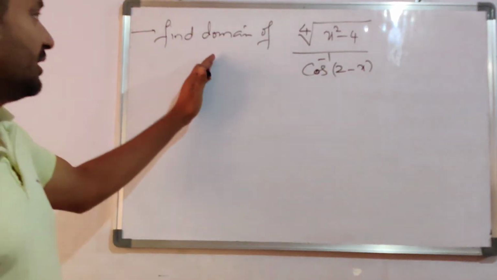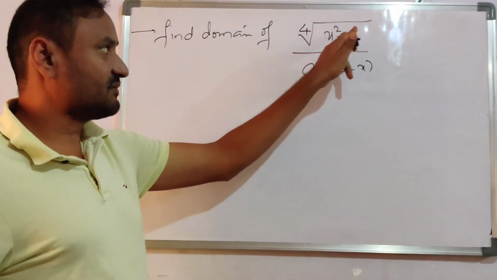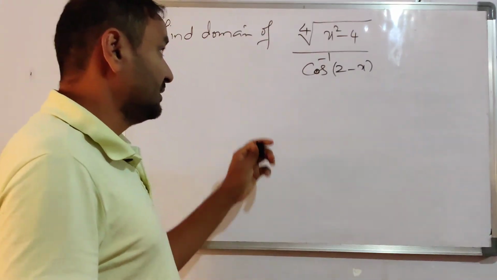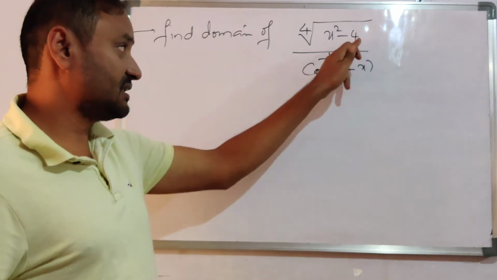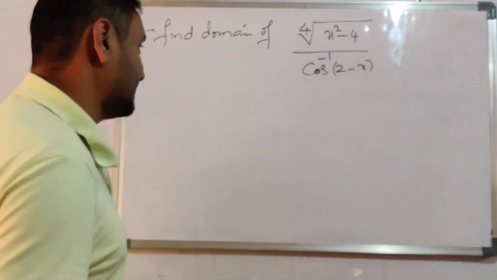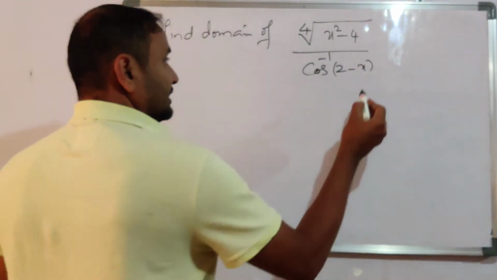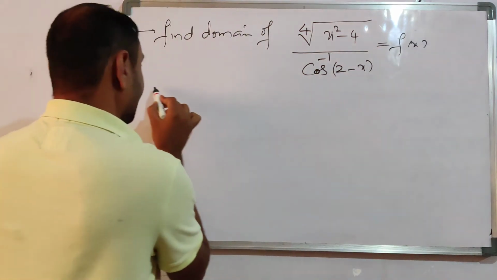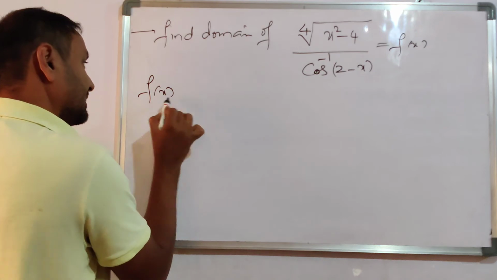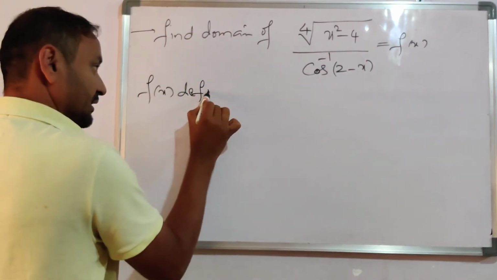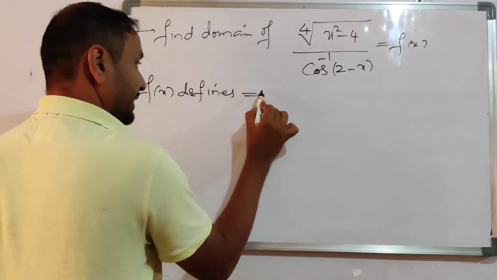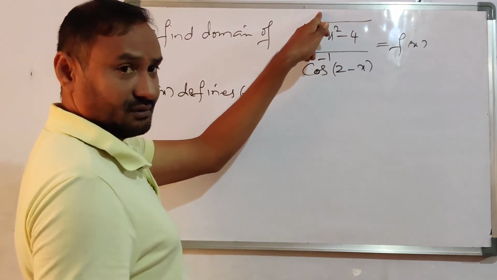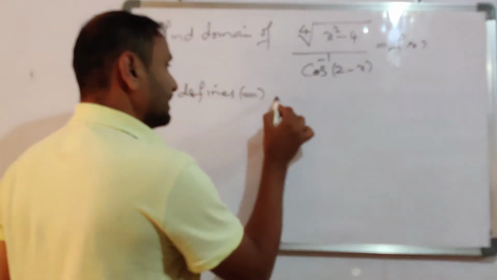So find the domain of fourth root of x square minus 4 by cos inverse of 2 minus x. You consider this equal to f of x. So from this, f of x is defined if and only if x square minus 4 in the fourth root is always greater than or equal to 0.